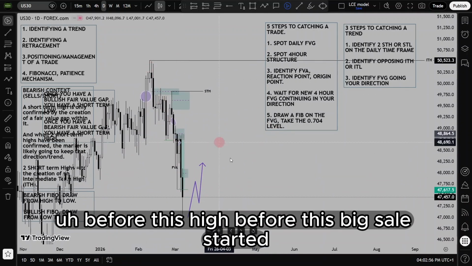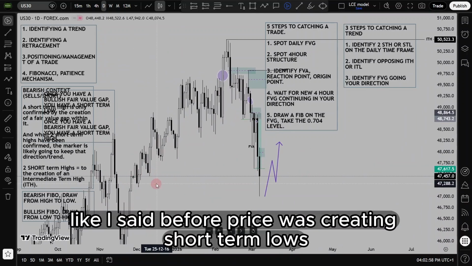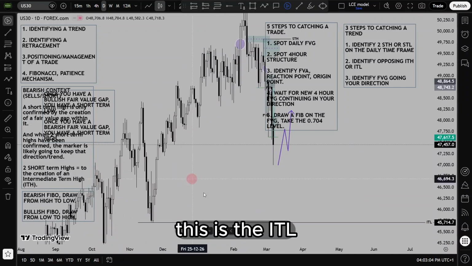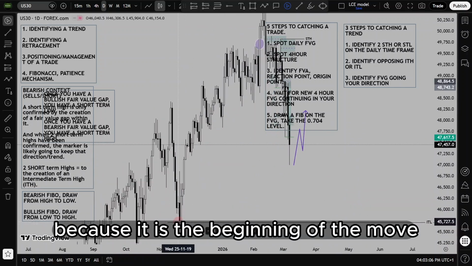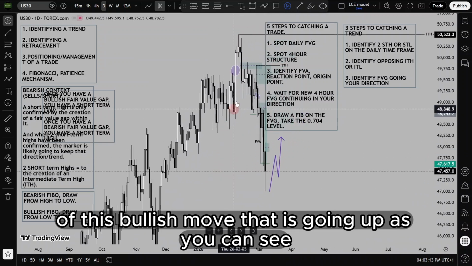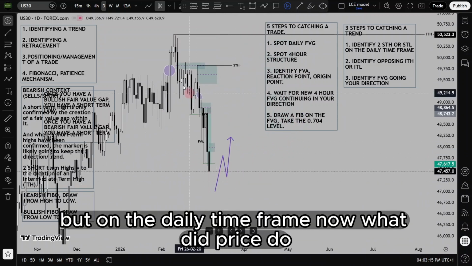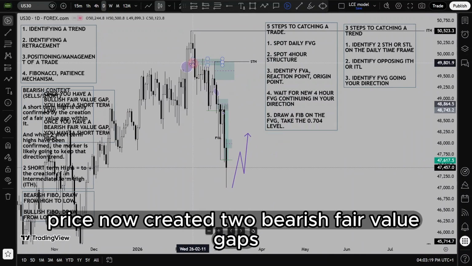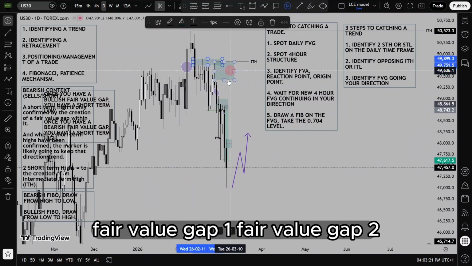Before this big sell started, what was price doing? Like I said before, price was creating short-term lows. This is the ITL because it is the beginning of this bullish move that is going up, as you can see. But on the daily time frame now, price created two bearish fair value gaps, fair value gap 1, fair value gap 2.